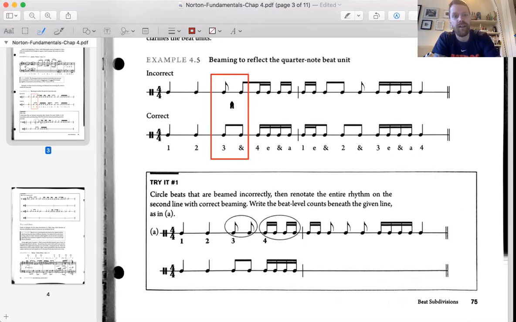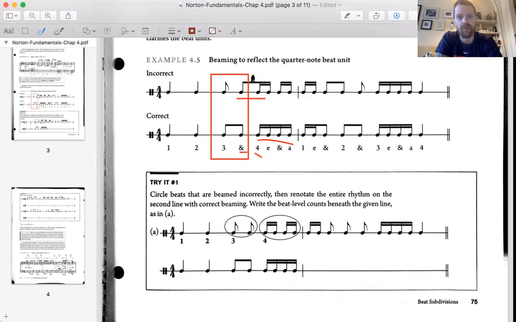So we have 3, and then on the 'and', up here we've started a beam and gone across into beat 4. So remember, we're in 4/4 now. So we've taken this beam and crossed the threshold of where beat 3 ends, right? Beat 3 ends on this 8th note, and beat 4 begins here. So that's why this is right and this is wrong.